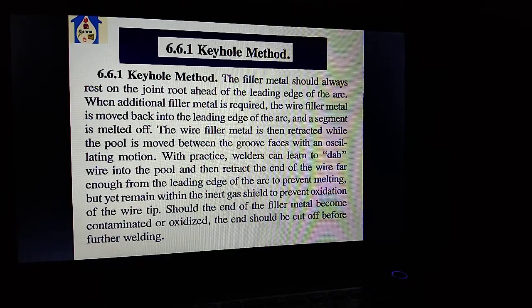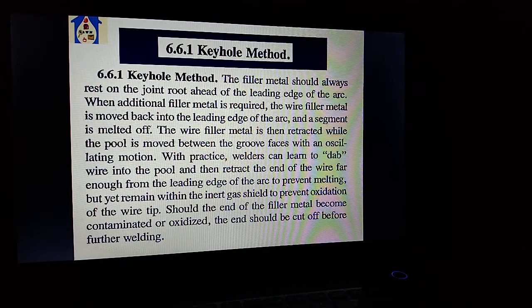Keyhole method. The filler metal should always rest on the joint ahead of the leading edge of the arc. When additional filler metal is required, the filler wire is moved back into the leading edge of the arc and the end is melted off.